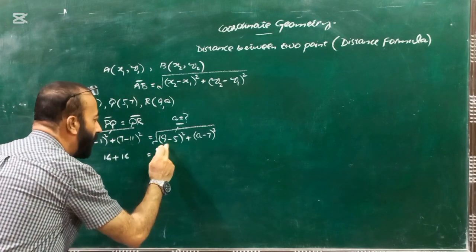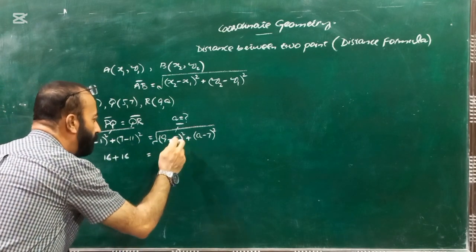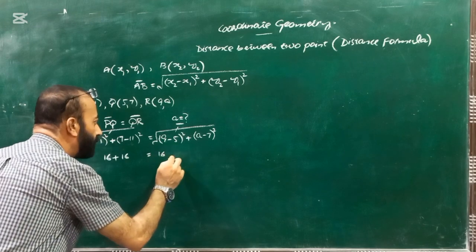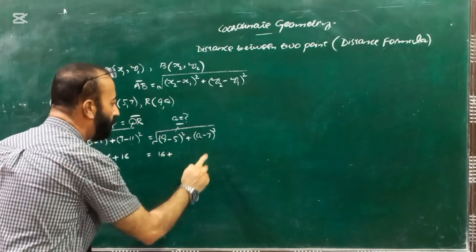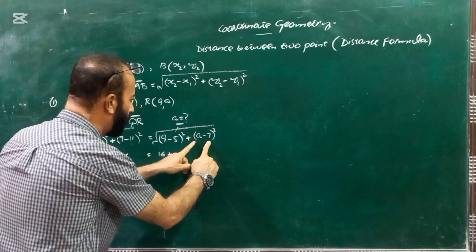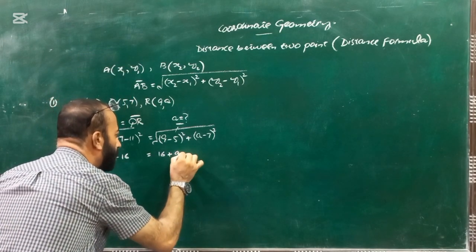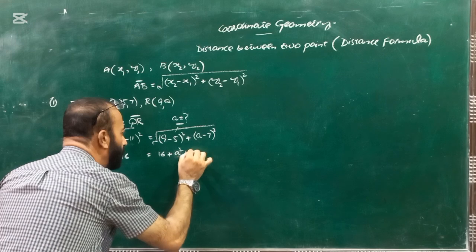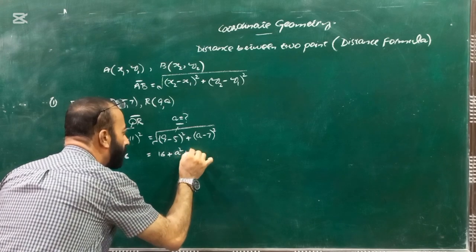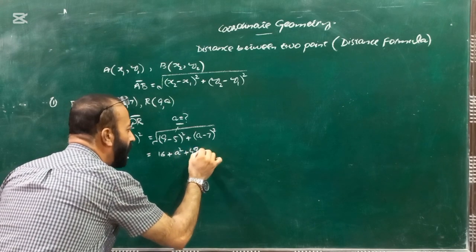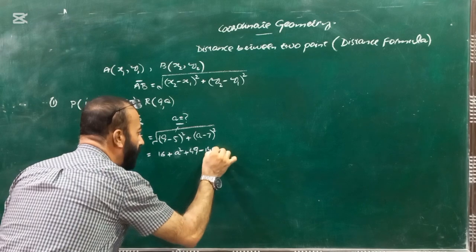On the right hand side, 9 minus 5 is 4, 4 square is 16. But on this part we have to apply the (a minus b) whole square formula. That will be a square plus b square minus 2ab, so minus 14a.